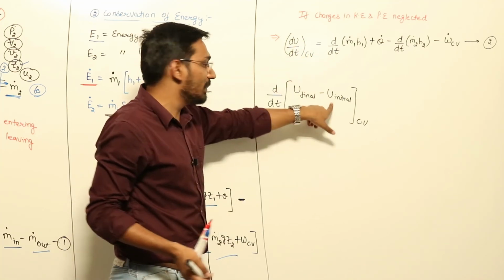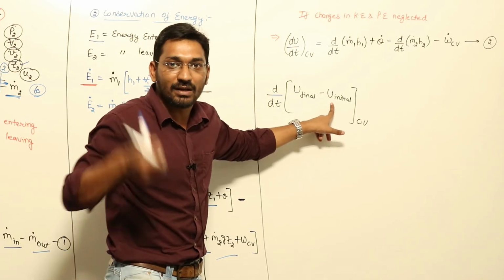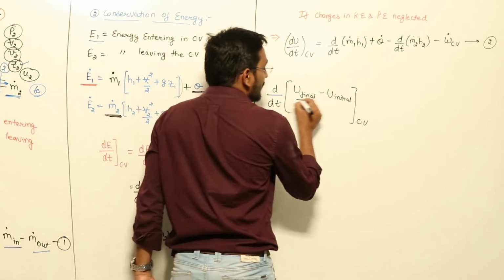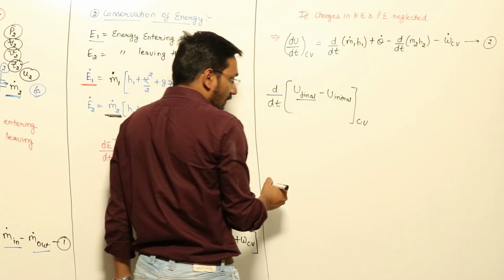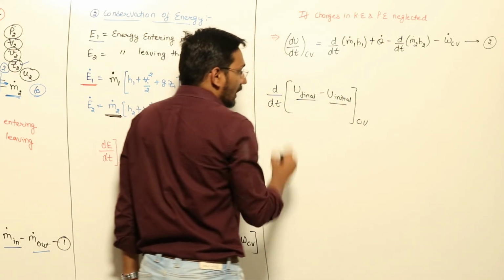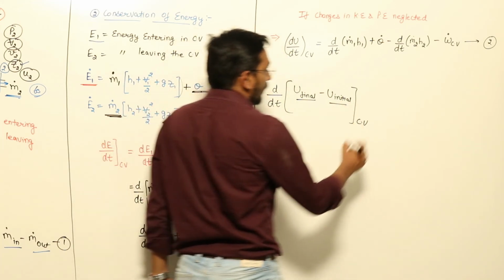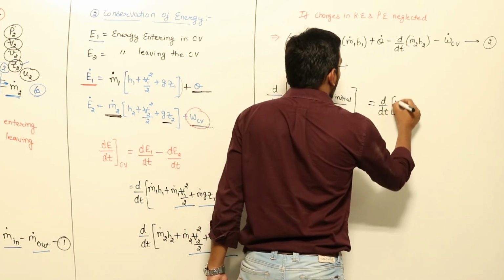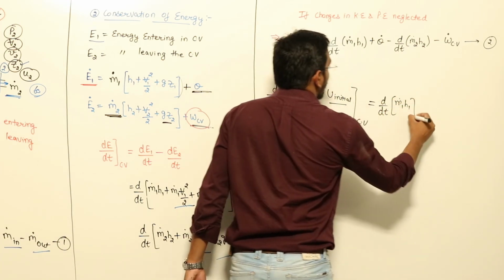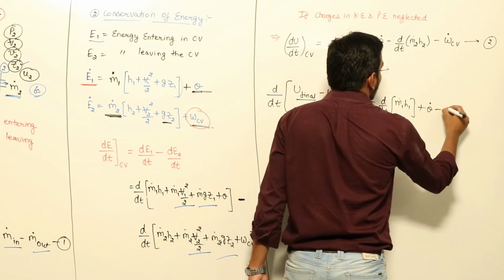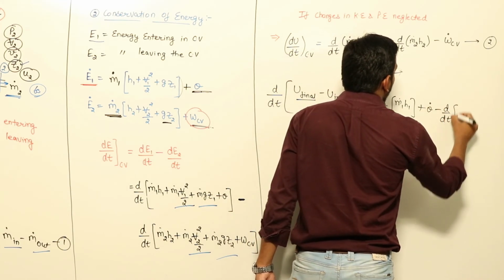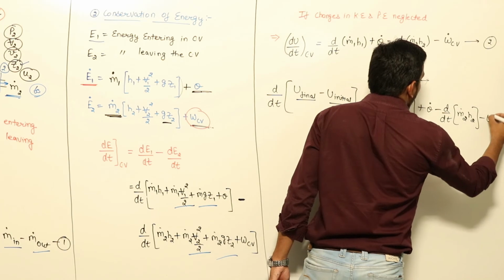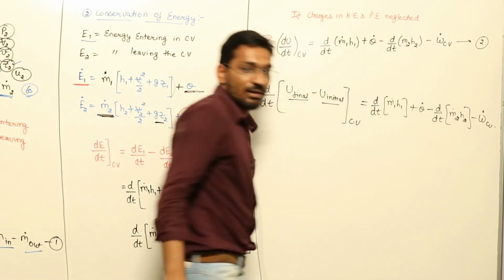The unit of this will be kilojoule, not kilojoule per kg. So you need to take care of units. This is the final internal energy of the control volume minus initial internal energy of the control volume, equal to the same term d by dt of m dot 1 h1 plus Q dot minus d by dt of m dot 2 h2 minus W dot cv, right?